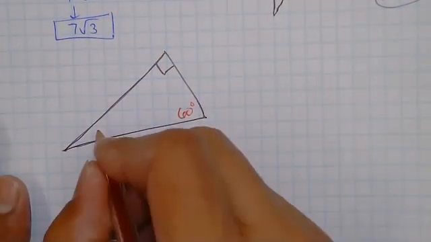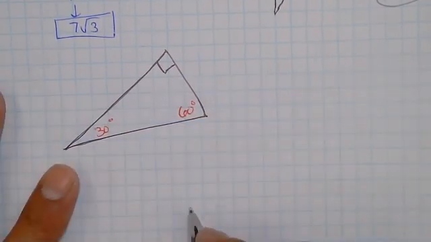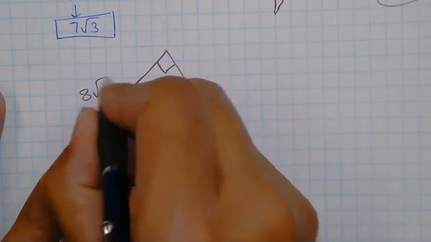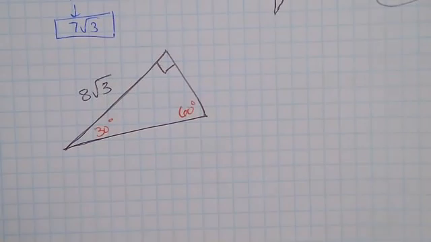Okay, last one. If that's 60 degrees, then this one's 30, right? Let's just put that in now. And this one is 8 root 3.